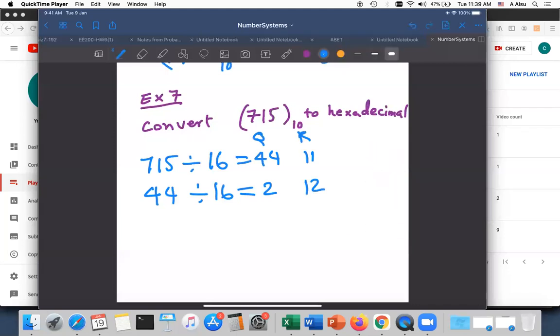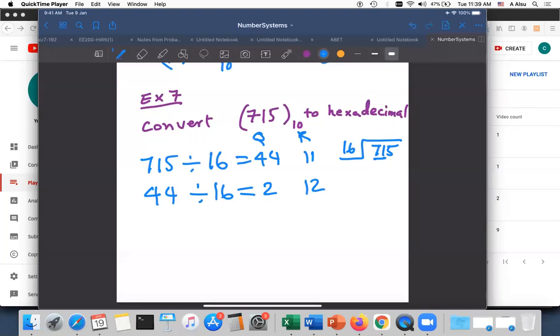715 divided by 16. First of all, you take the 7, which is less than 16, so it doesn't work. So you have to take 71, two digits. 71 by 16. What is the integer part? How many 16s in 71?